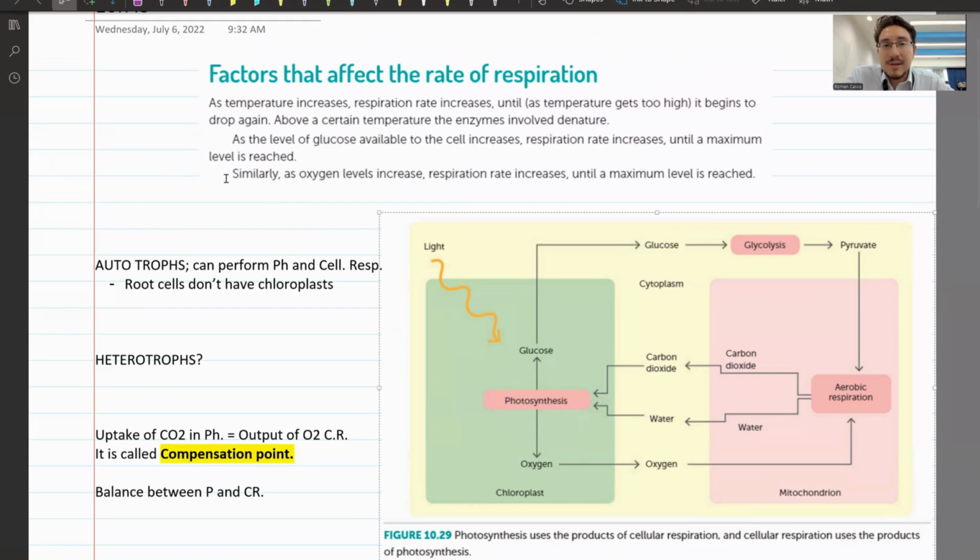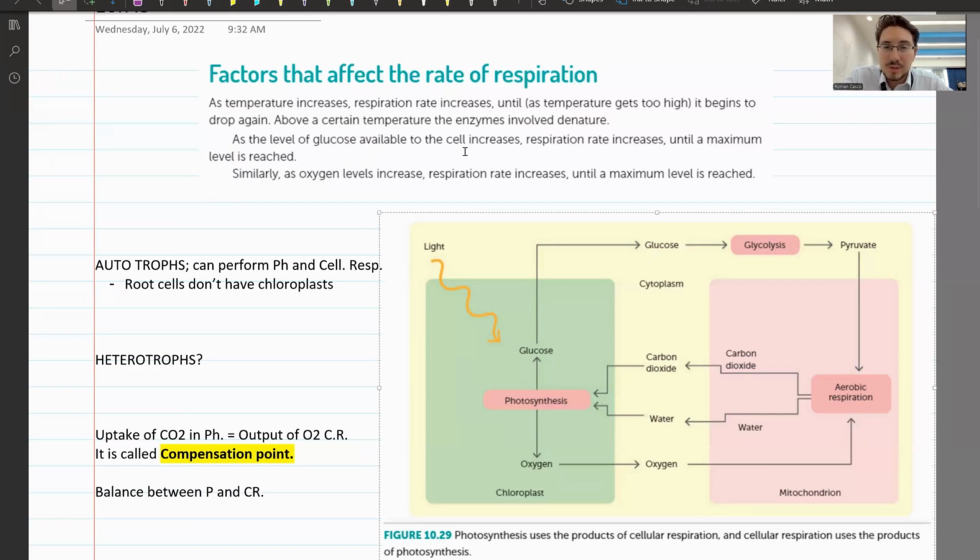Aside from that, right? What are your inputs? What are your initial inputs? Glucose, right? Concentrations of glucose. If you have more molecules of glucose, you do have a certain amount of respiration rate increasing, but you're going to reach a maximum where all the enzymes are being saturated.